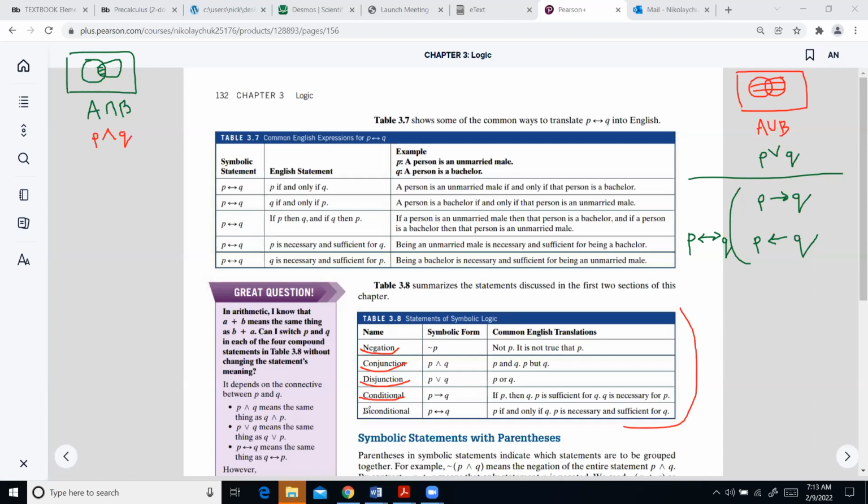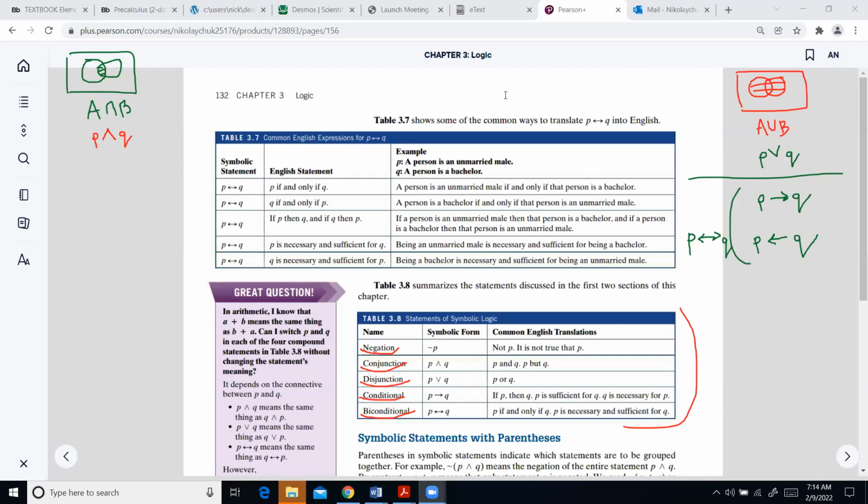And there is also a biconditional statement, which means they're actually equivalent statements. So from the first follows the second, and at the same time from the second follows the first. So this arrow could be put in either direction. Those things are good to realize.